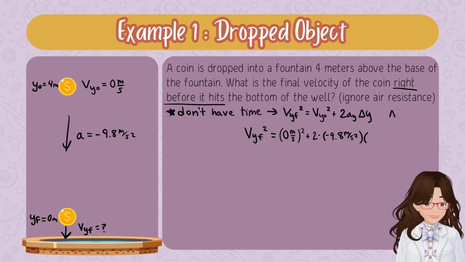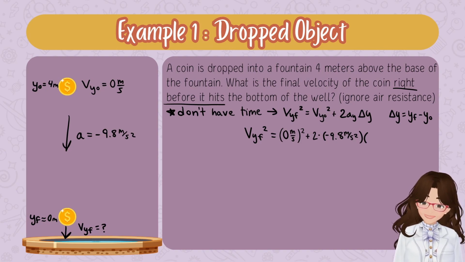And remember that displacement is equal to the difference in our two positions. So it's y final minus y initial, or you could say to yourself, what direction is it moving? It's moving down, which is a negative direction. Therefore, your displacement should be negative 4 meters.